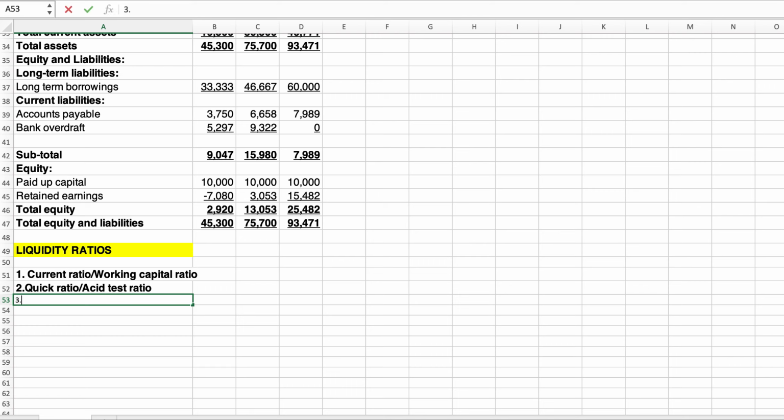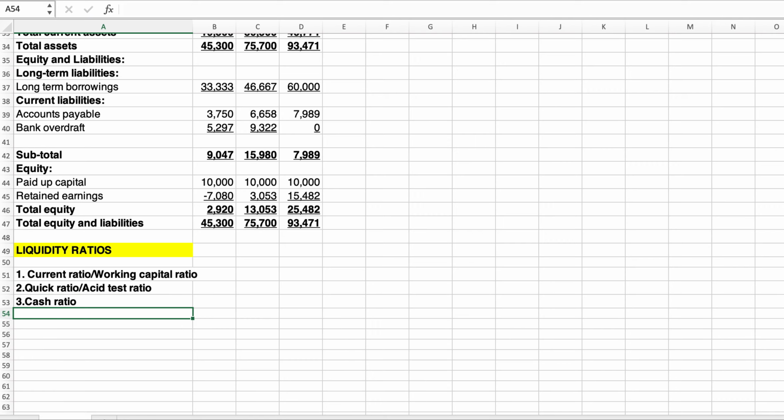We will also talk about how to calculate cash ratio. So these three examples of liquidity ratios will tell you the ability of the firm to meet its short-term obligations.